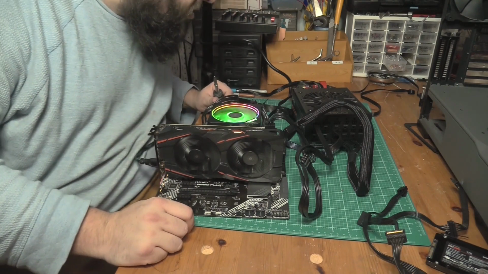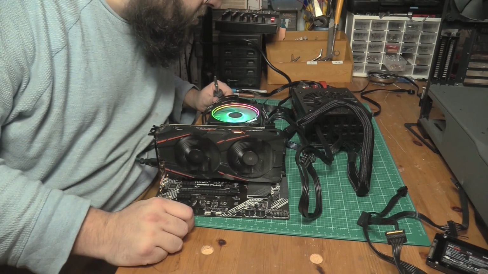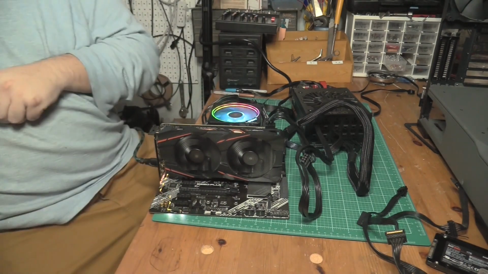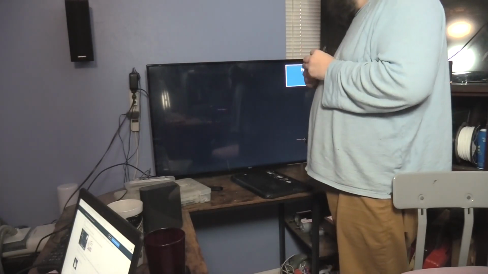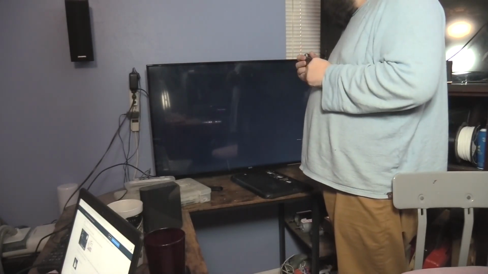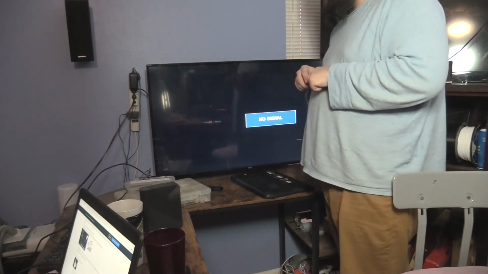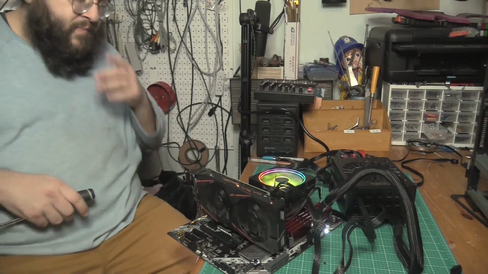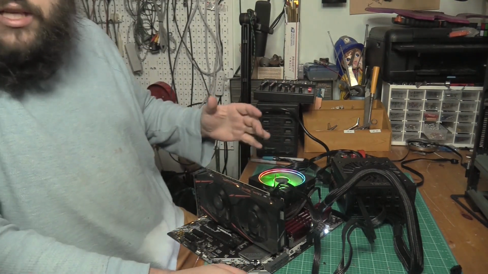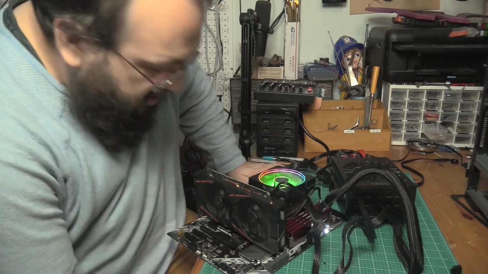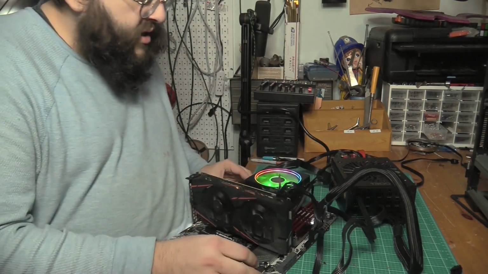Boot's working. Hey, something's happening. Shoot, I kind of got the sense it was kind of working a little bit. Maybe. Something's going on with that. The manual says the light will stay on until the situation is resolved, which tells me that something is wrong.